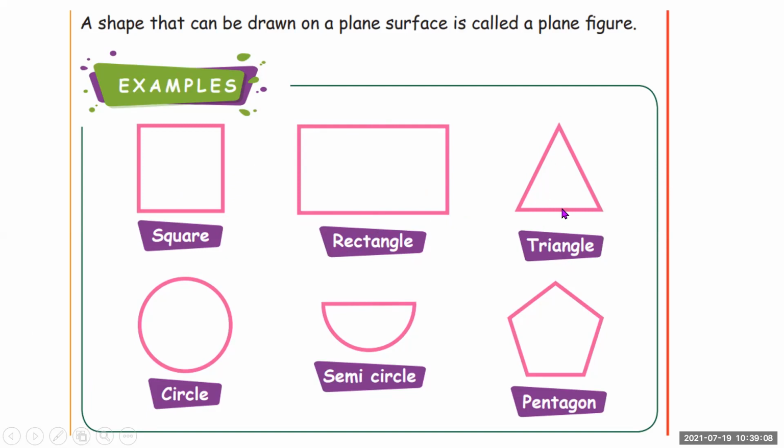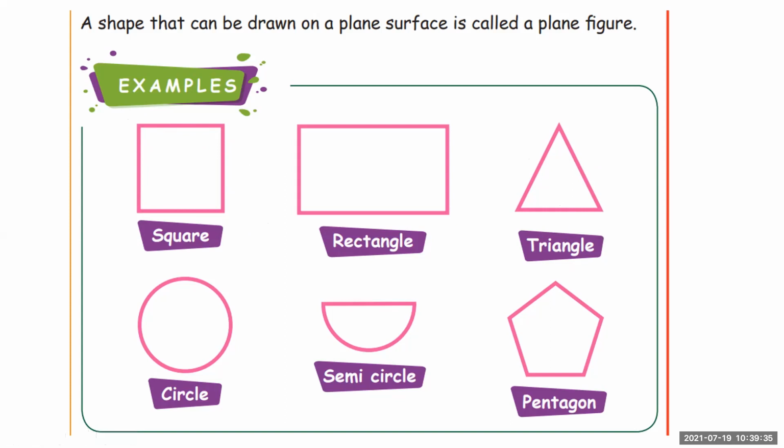How many sides does it have? 1, 2, 3 sides. While we are talking about the sides, there is one more term we should know, the vertex. When two sides meet, you get a vertex. So in this square, I have 1, 2, 3, 4 points or 4 vertices.